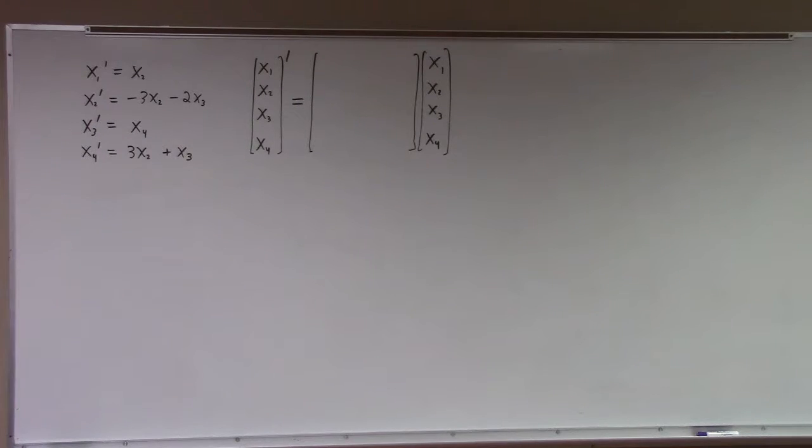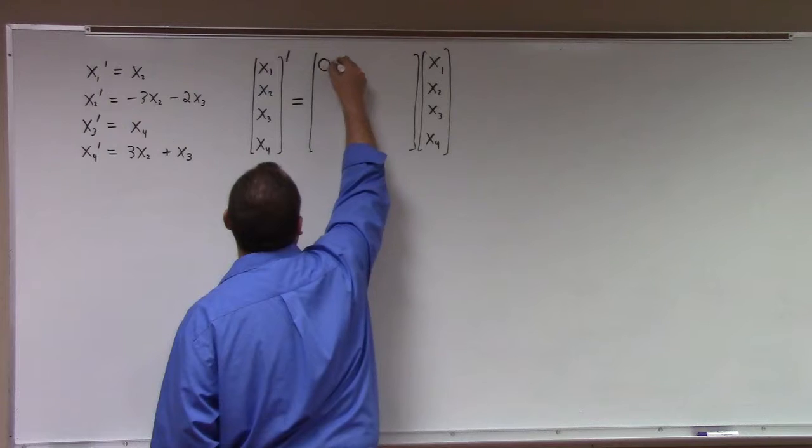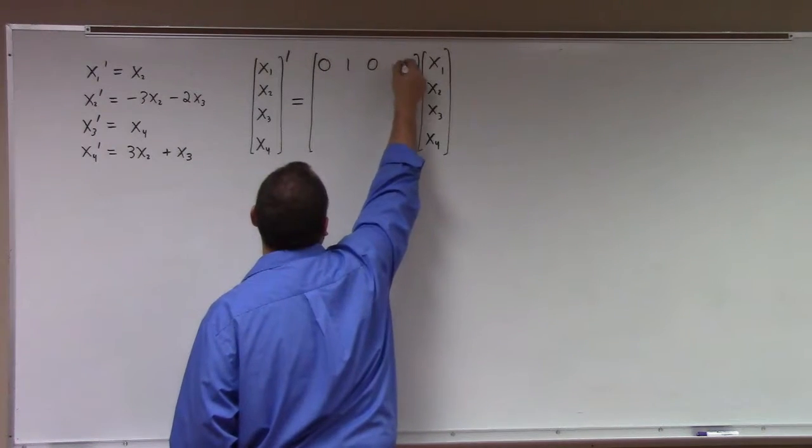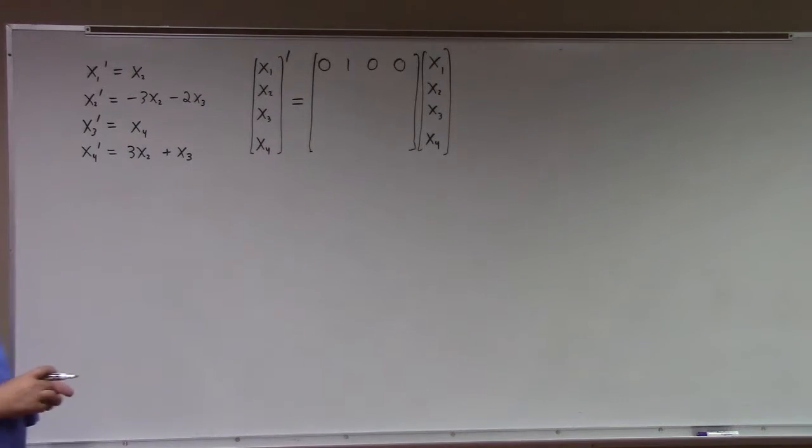So what do we put? The first one, we put 0, 1, 0, 0. That recovers this equation in the first component.